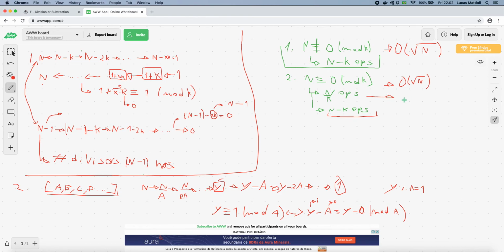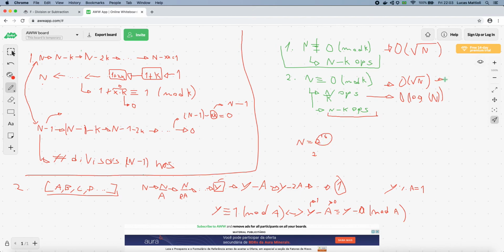So the processing here will be, let me think, something close to the log of n, because the worst case is like having, let's say that n is like 2 to the power of 16, so one possible divisor is 2, and then we need to divide this guy here 16 times, which is basically the log of n.